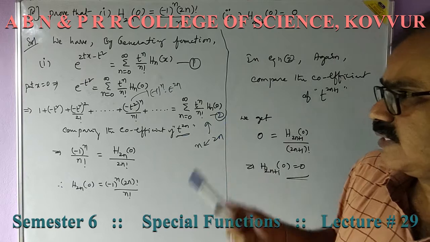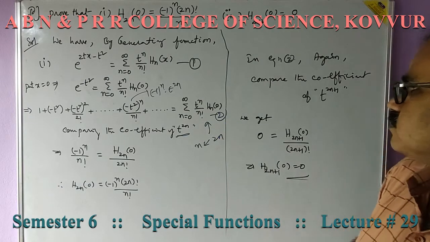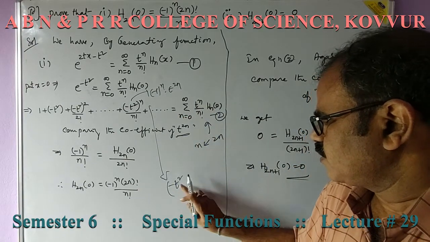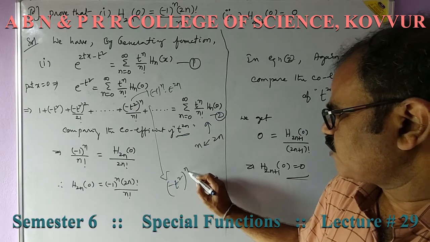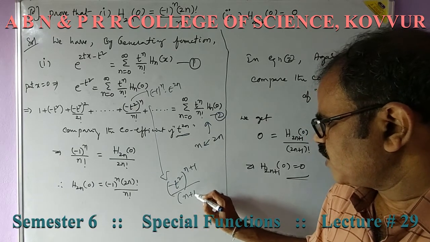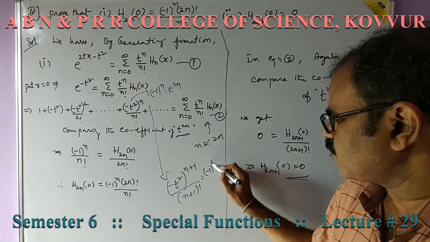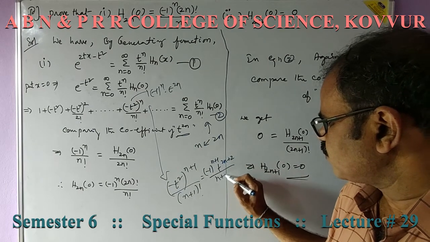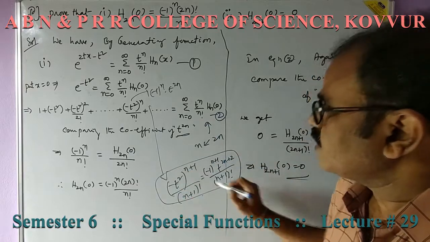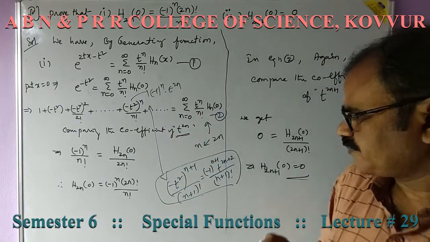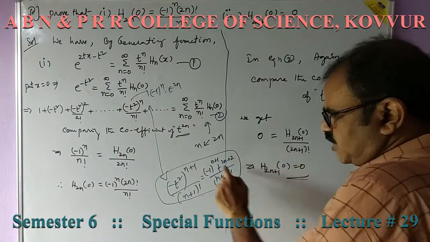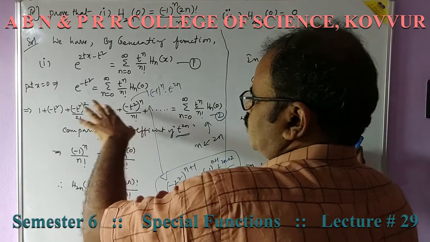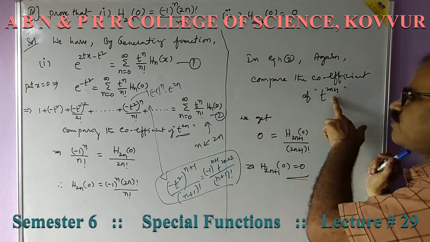We won't get the term 2n+1. After 2n we get 2n+2, so no question of 2n+1.